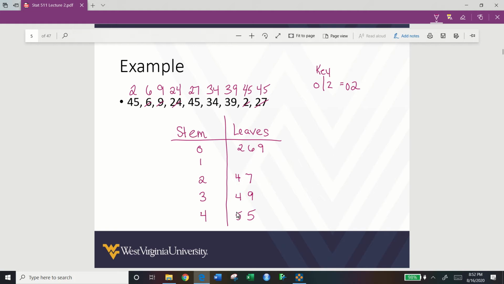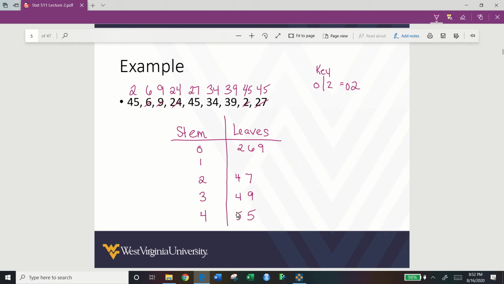Now, this plot does have uses when we are trying to understand the distribution, as far as if we wanted to see if our distribution was symmetric or skewed, kind of like a histogram. Because if you were to rotate your screen, you could see the leaves in many ways act as a histogram, where our stems are histogram bounds.